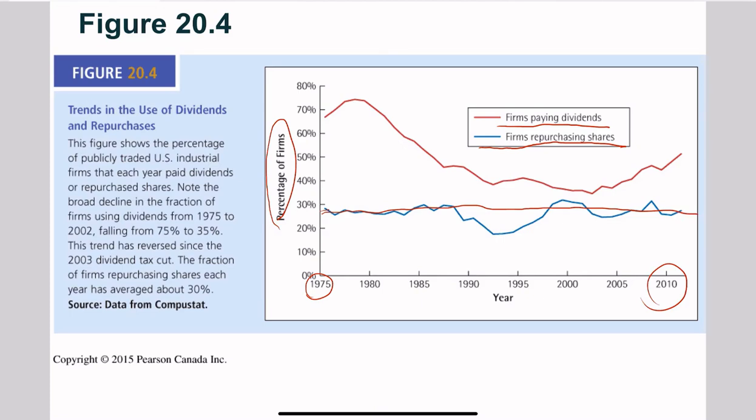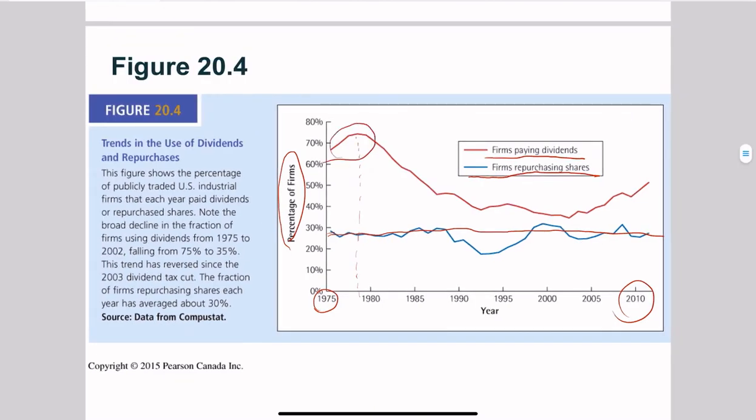And then in the beginning, you can see that during the 1970s, over 70% of firms are paying dividends. Of course, for more recent years, the percentage of firms paying dividends has reduced. But you can see that there are still a lot of firms paying dividends.